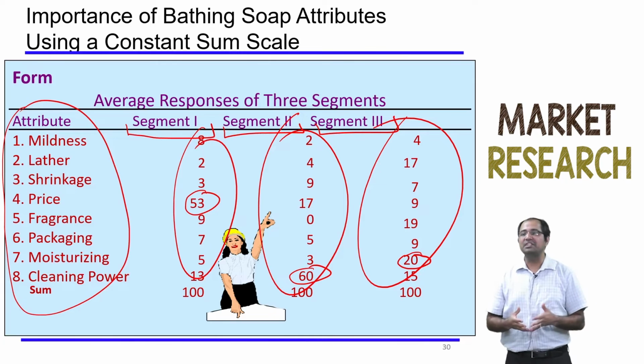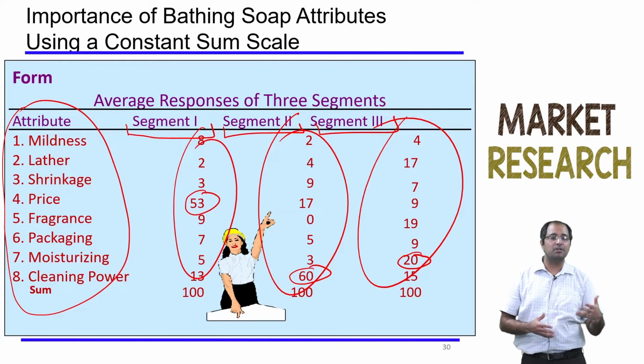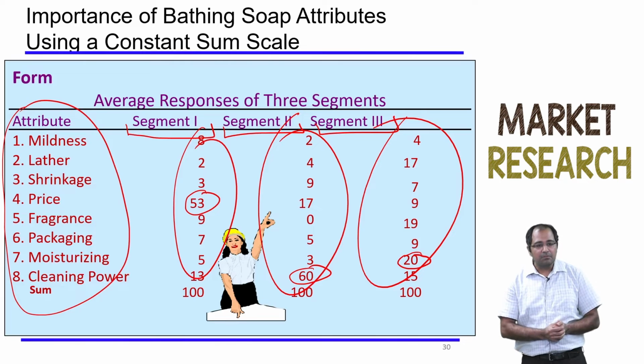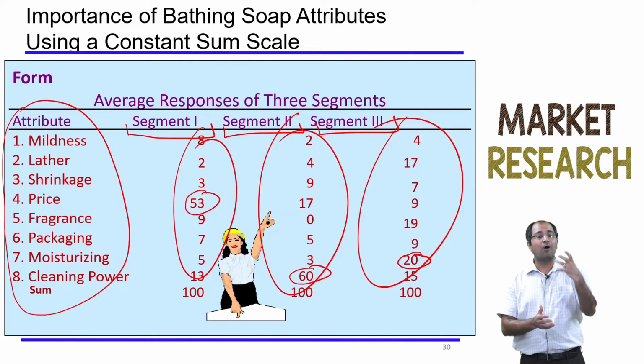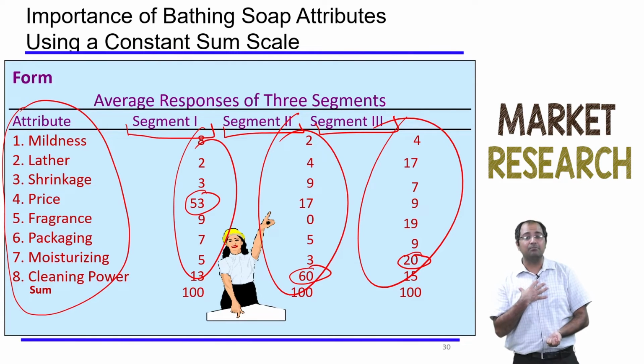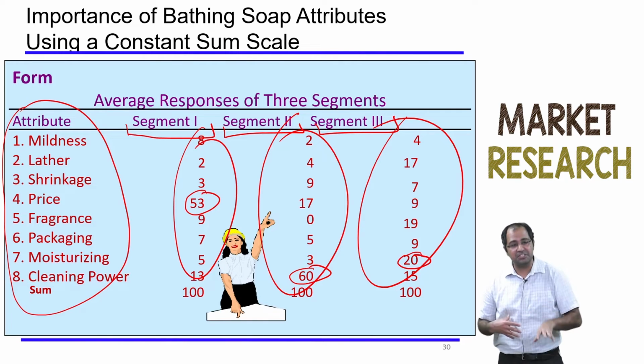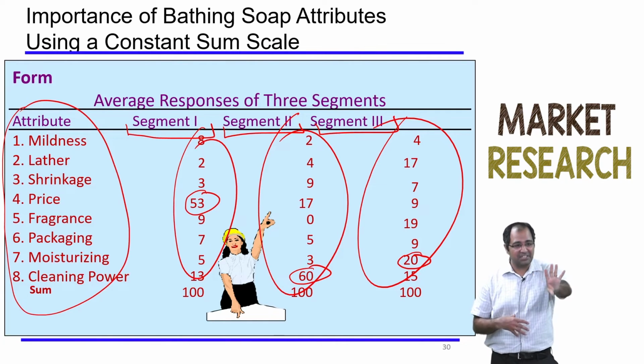On the allocation of points, let's say when you go to buy a smartphone, you might want a better camera, I might want better storage. So your preference is different. So let's say we find a cluster of people who have similar preferences like you. So that becomes one segment.